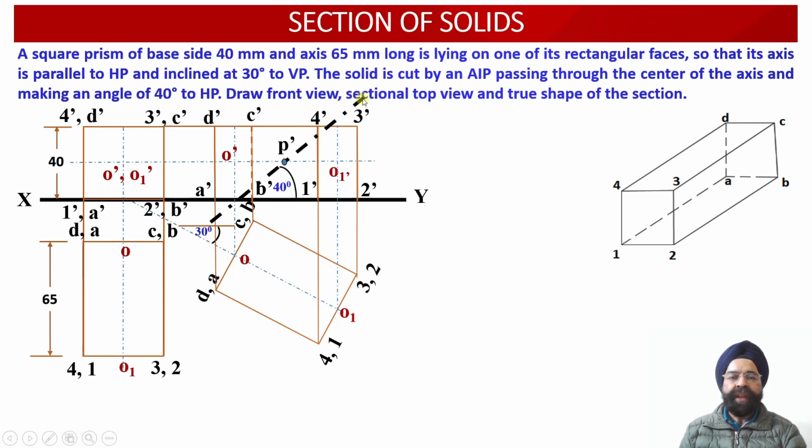So we can check, once this prism is cut by this auxiliary inclined plane, the cutting plane at an angle of 40 degree, this portion of the solid has been removed over here. So we are no longer having this portion available with us. This portion has been discarded or removed. Now we are left with the remaining solid which is left behind.